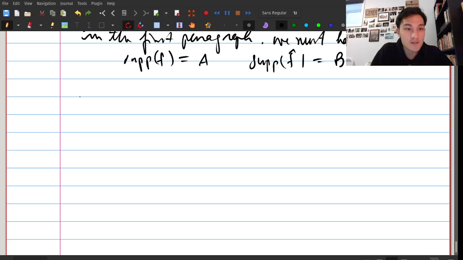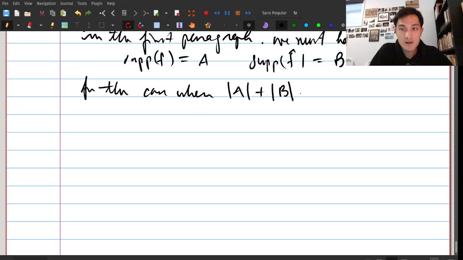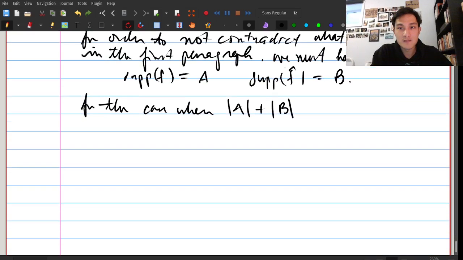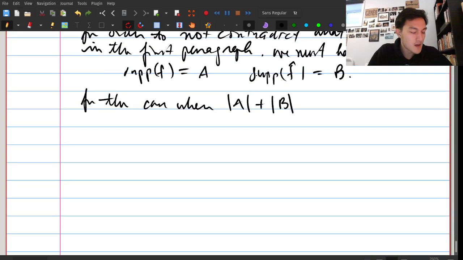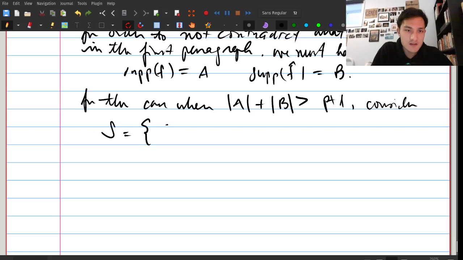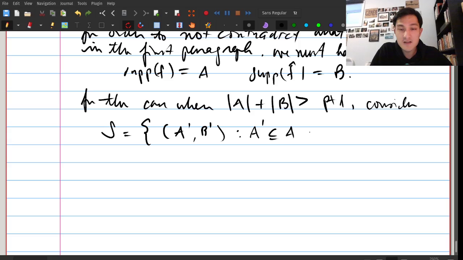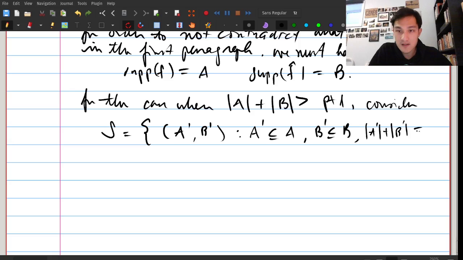So in the case where the size of A plus the size of B is strictly greater than p plus 1, we can set, let's call it big S, equal to the set of all pairs A prime, B prime such that A prime is a subset of A, B prime is a subset of B, and the sizes of A prime and B prime add up to exactly p plus 1.